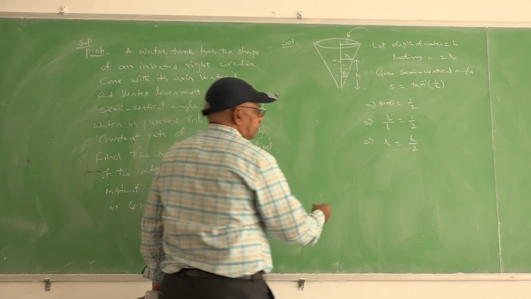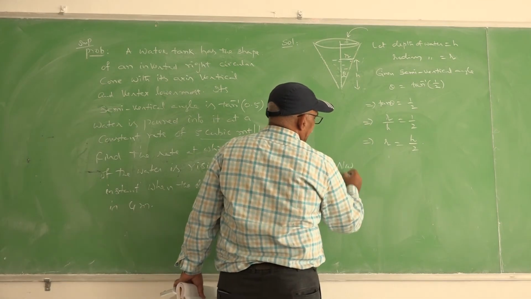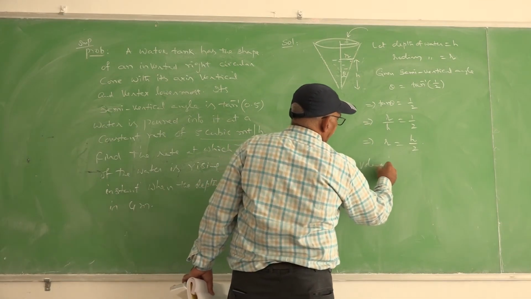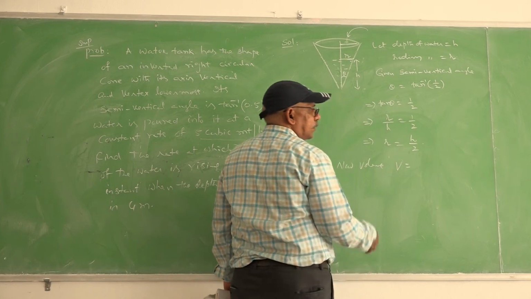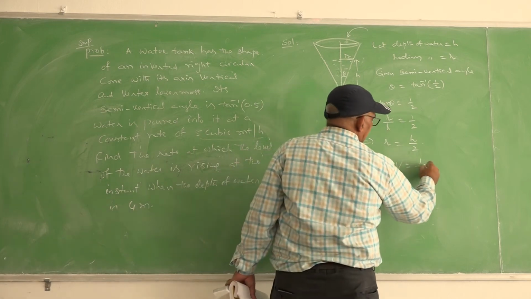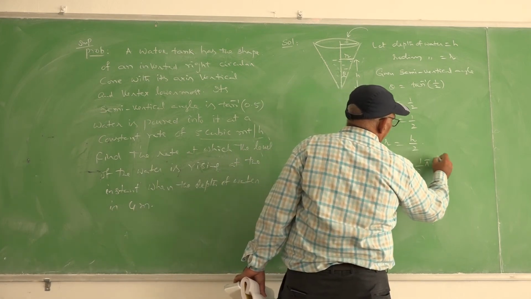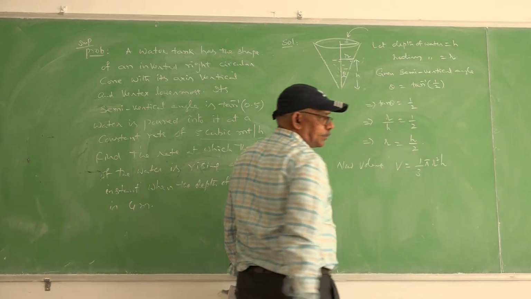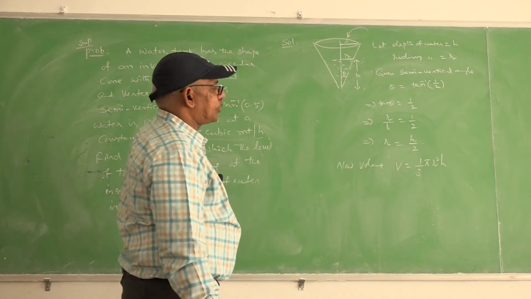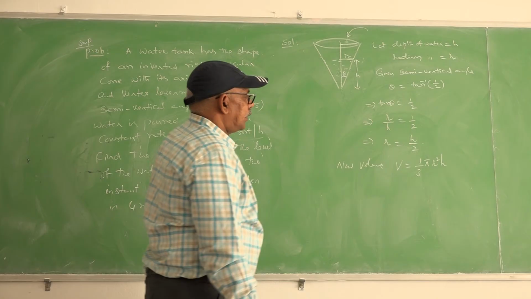Now the volume of the water. For the cone, the volume V is 1/3 pi r square h.